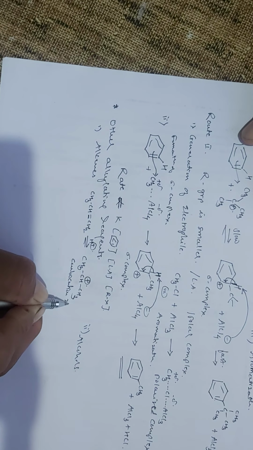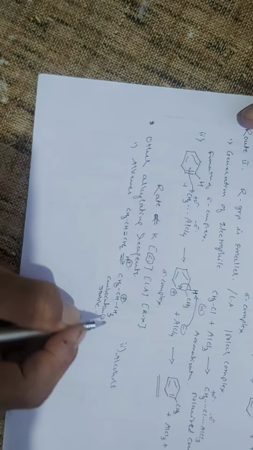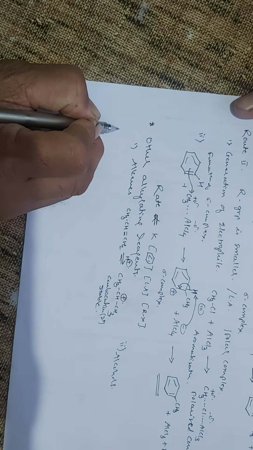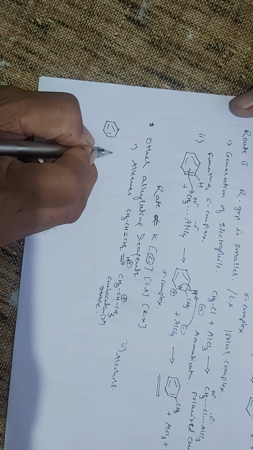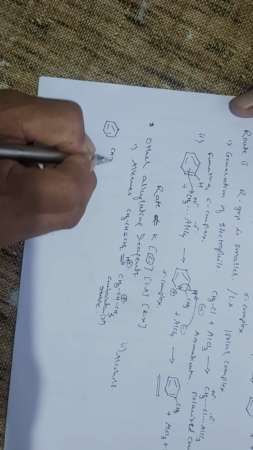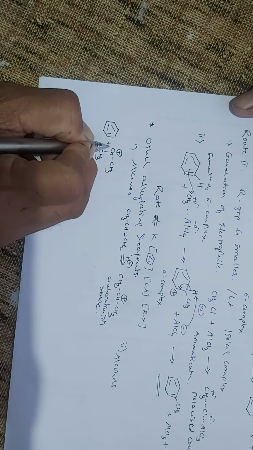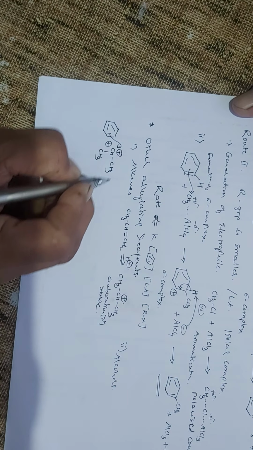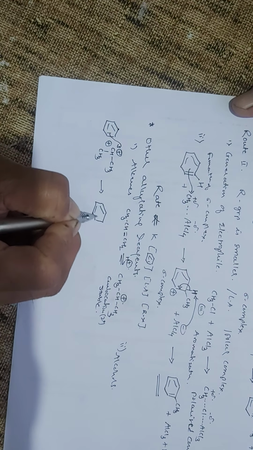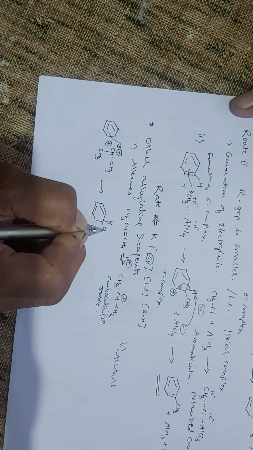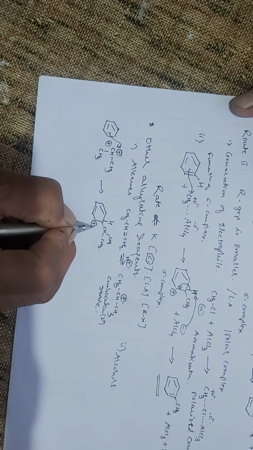And this stable carbocation reacts with the benzene ring, and this secondary carbocation gives the electron pair and gives you the formation of the intermediate, that is the sigma complex, with H, CH, CH3, CH3.